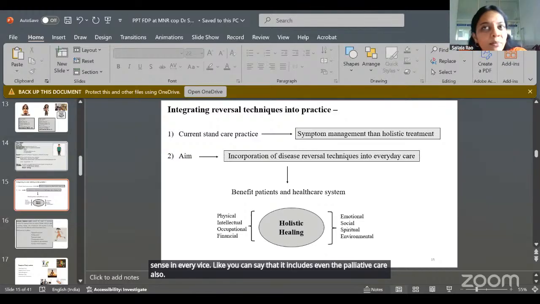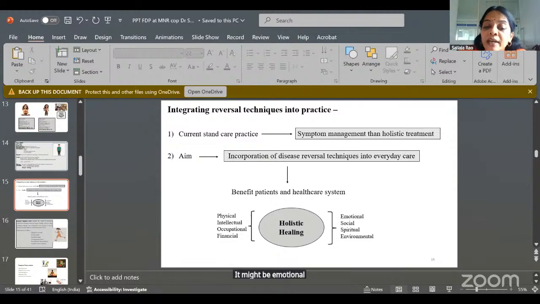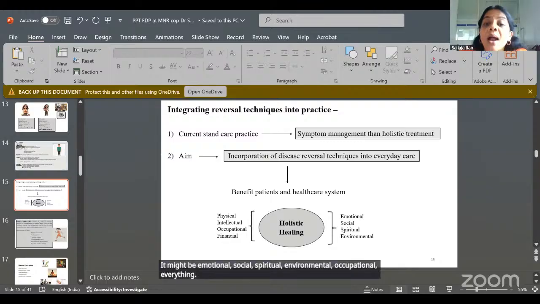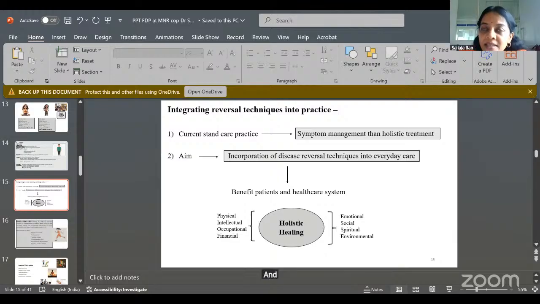It might be emotional, social, spiritual, environmental, occupational, everything, even financial also. But here the main aim of the reversal of the disease is that finally the patient has to get benefited, the burden on the healthcare system has to be reduced, and the patient should be healed and healthy.